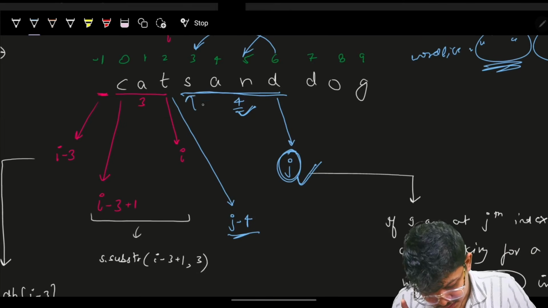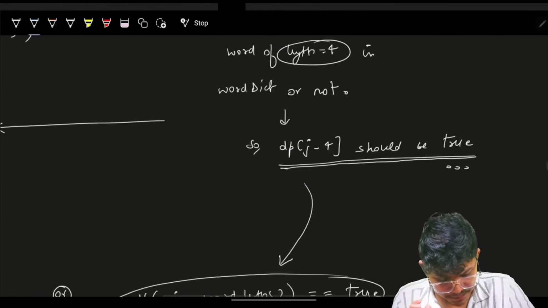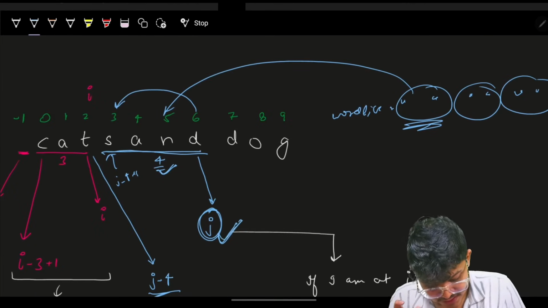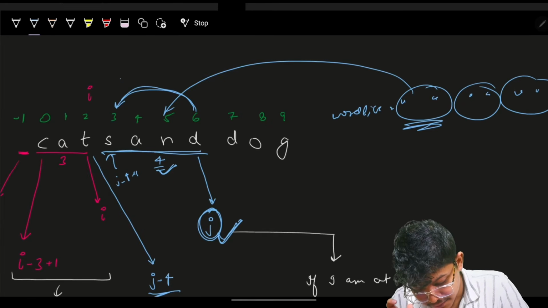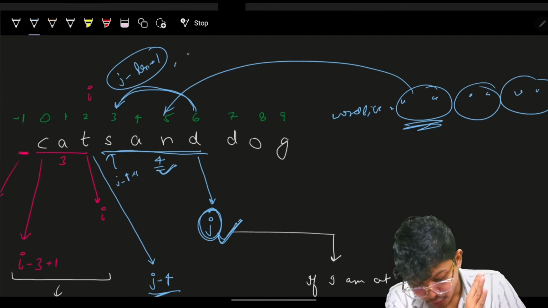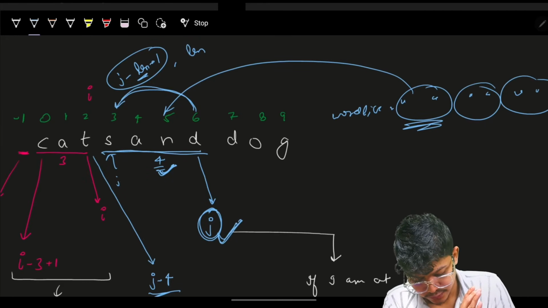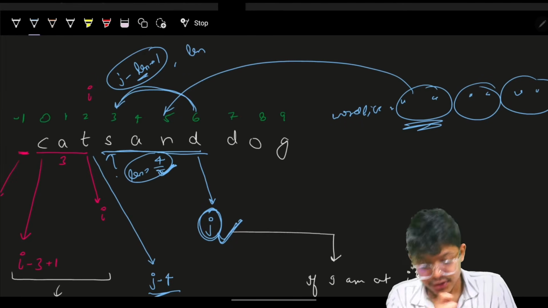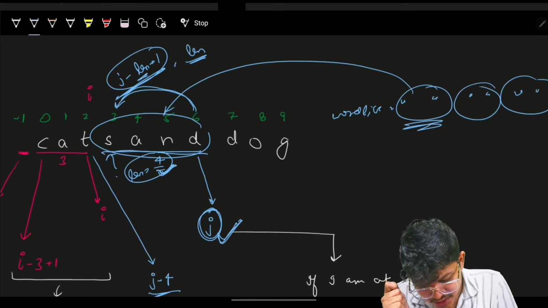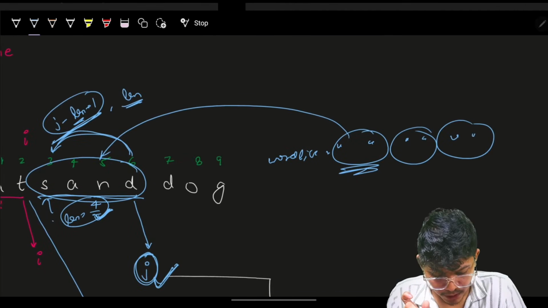That will be the last index value. So firstly, I need to compare, if I am starting at this index, j minus length plus 1, and the length here is 4, at this index for that length, is this string matching with the word itself or not? That is what I am about to compare.